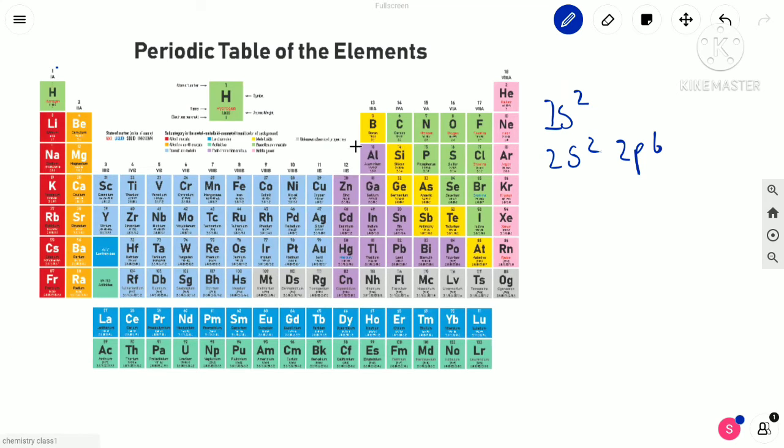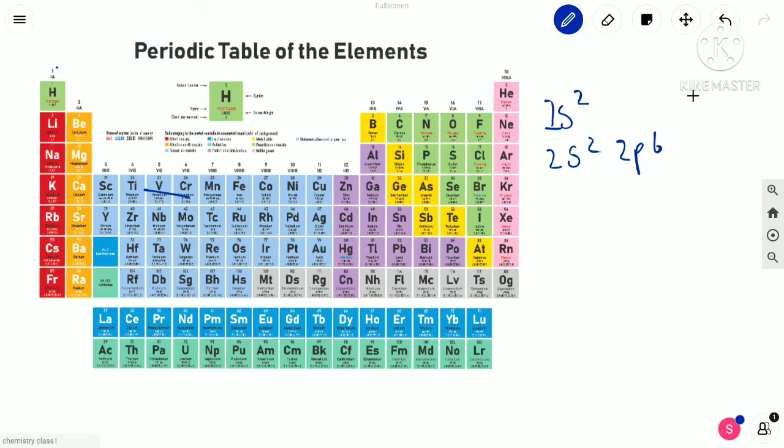Each group can denote the number of valence electrons it has, and the period can denote the energy level in which the valence electrons are. So that is one good characteristic of this modern periodic table.